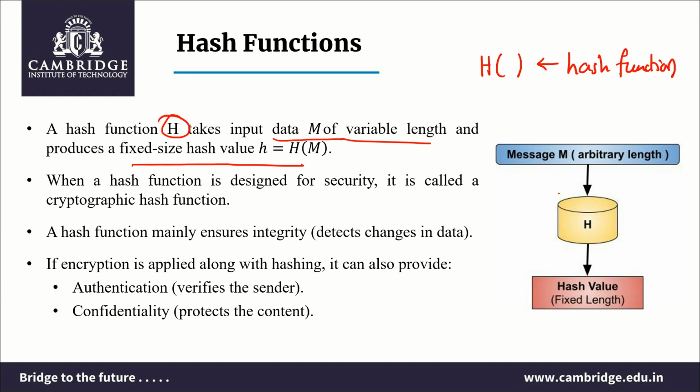As you can see in this diagram, you have a message m of arbitrary length. Arbitrary means variable length, there is no fixed size. The message is taken as the input, and the output is your hash value. This output is a fixed length value.